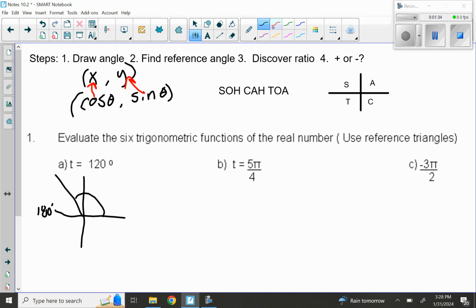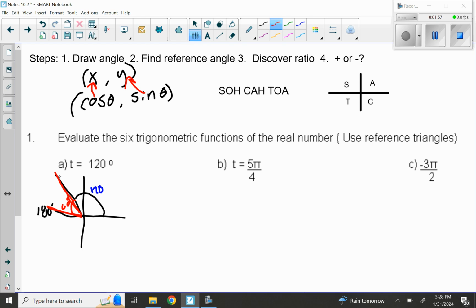So your reference angle is this space here. Remember, it always has to connect to the x-axis. So if we went 120 degrees, then your reference angle to get us to 180 is 60 degrees.